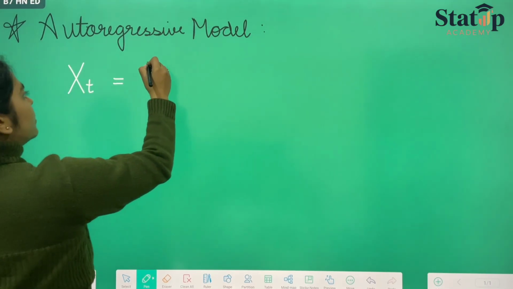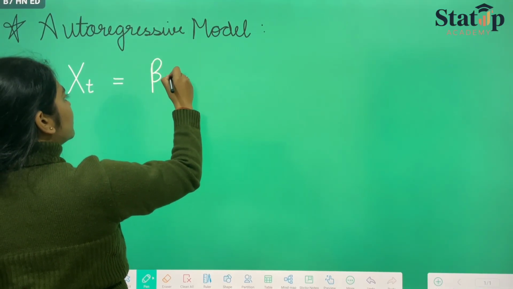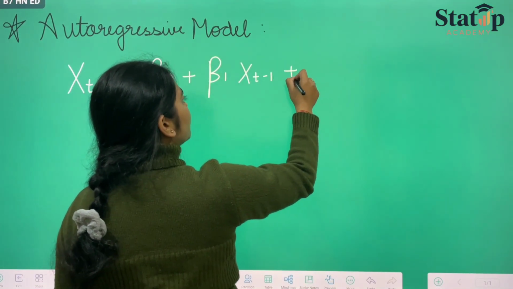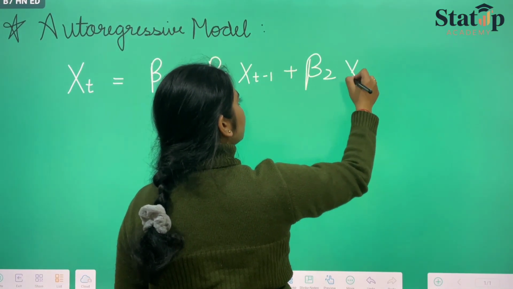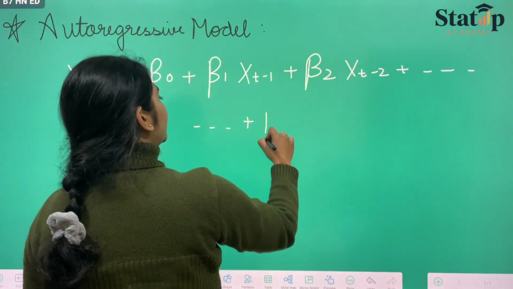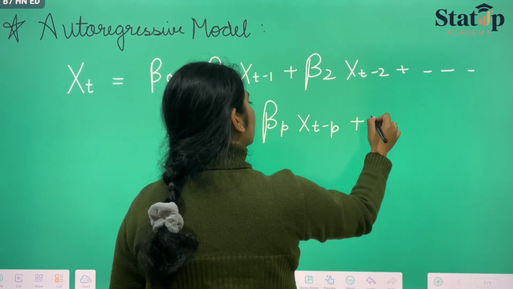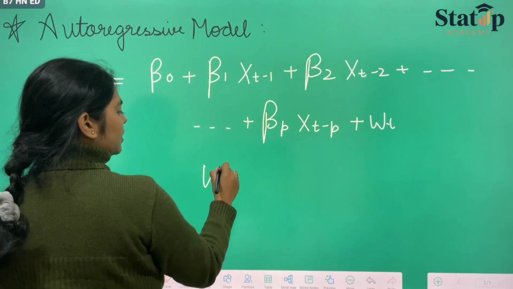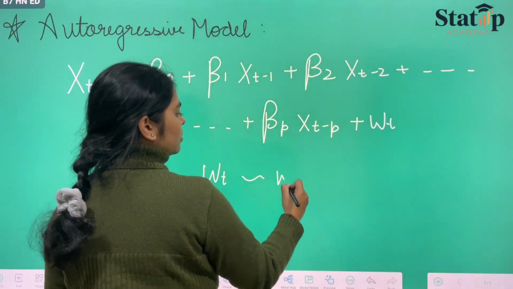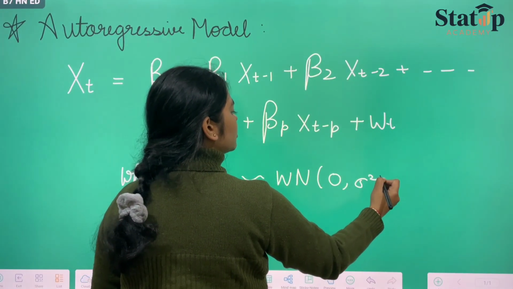So when it depends on previous values, we are taking beta naught plus beta 1 x t minus 1 plus beta 2 x t minus 2 up till beta p x t minus p plus wt, where wt is nothing but white noise having zero mean and sigma square variance.